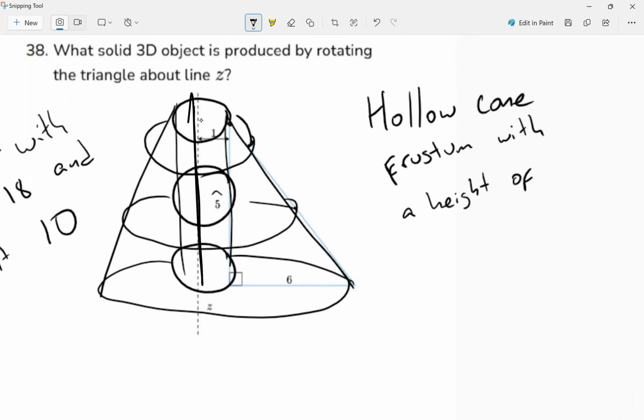That's this information right here, right? The height of 5. So matter of fact, I'm going to say the cylinder on the inside has a radius of 1. And then the cone has a radius of 7, not 6, because remember, I had to add the 1 on the inside. So it has a radius of 7. Pretty cool.